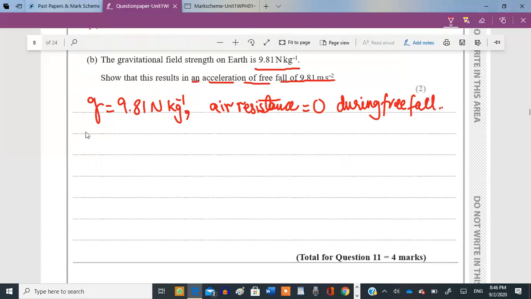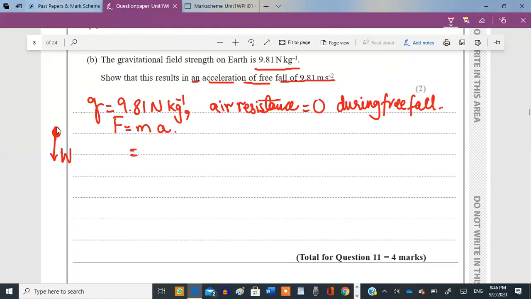That means if an object is falling, it will purely be acted upon by the weight of that object and not by other resistive forces during free fall motion. From Newton's second law, we know that force is equal to mass multiplied by acceleration.